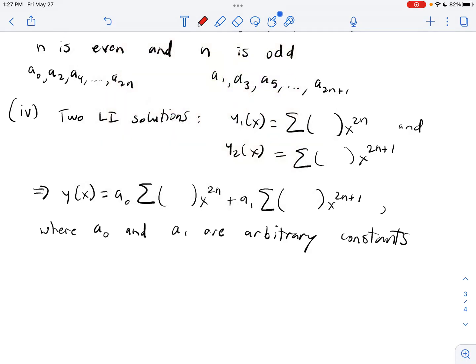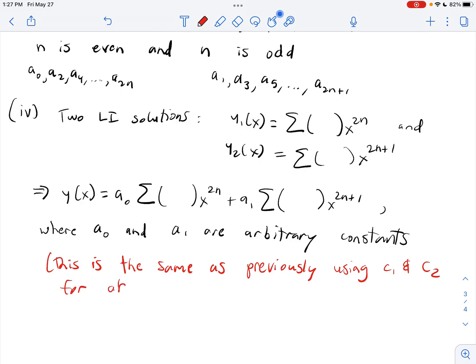And I should point out, this is the same as previously using C1 and C2 for arbitrary constants. We just use a naught and a1 to remind us that they really are the first two terms of the series, okay?